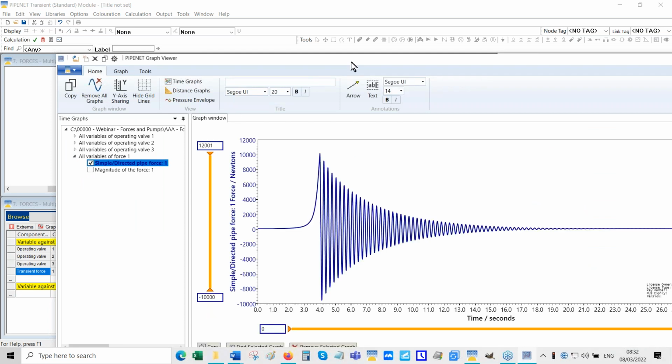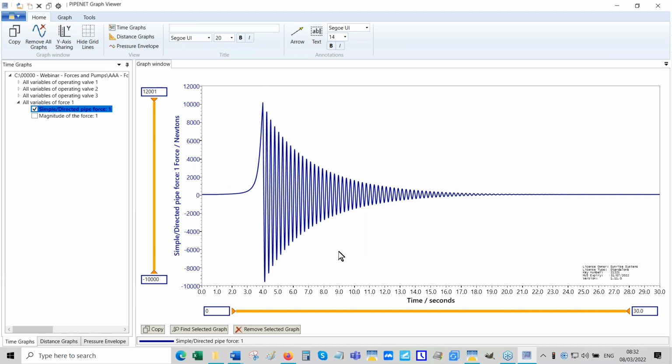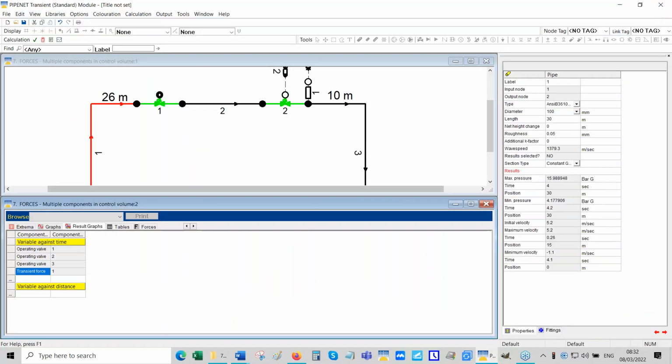Force, and we can see that that's actually quite a big force. Okay, so this is how we deal with a controlled volume with multiple components. You don't have to worry about what is inside the controlled volume. PIPENET will do all the work for you.